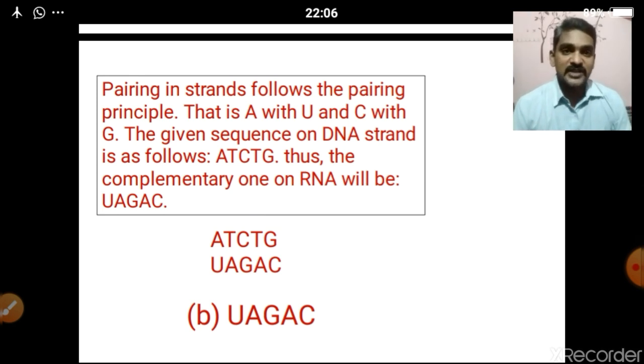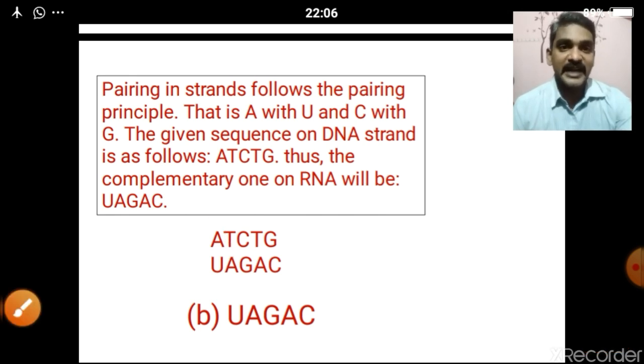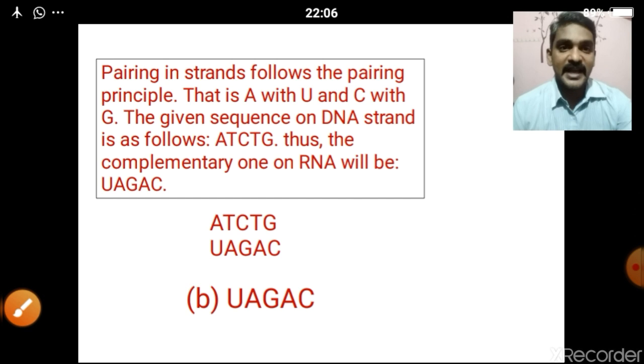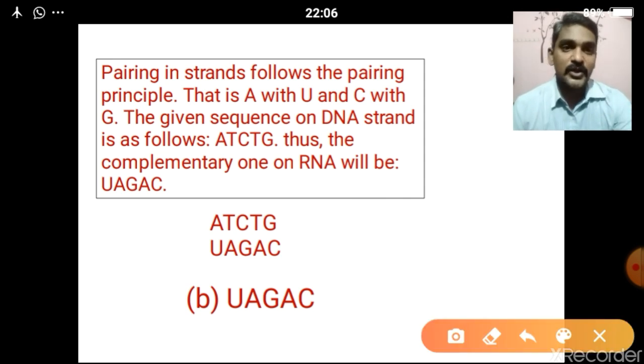So the question they have given is ATCTG. In the first, A will be pairing with T actually. But in case of RNA, instead of T, you will get U. So A, U. And the second, T will be pairing with A. C will be pairing with G. Again T will be pairing with A. G will be pairing with C. So only in case of RNA, this U will be there.